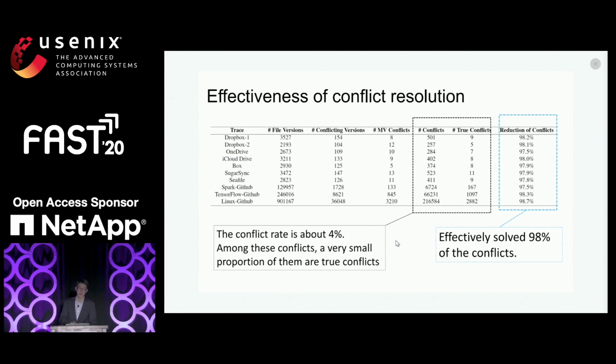Yes, this is about the true conflicts, and we can resolve all the false conflicts and some of the true conflicts. So that's why we can achieve 98% of the conflict resolution. And the other cloud storage systems cannot resolve the false conflicts or the true conflicts. Okay, thank you. Does that answer your question? Yes. Okay, cool.